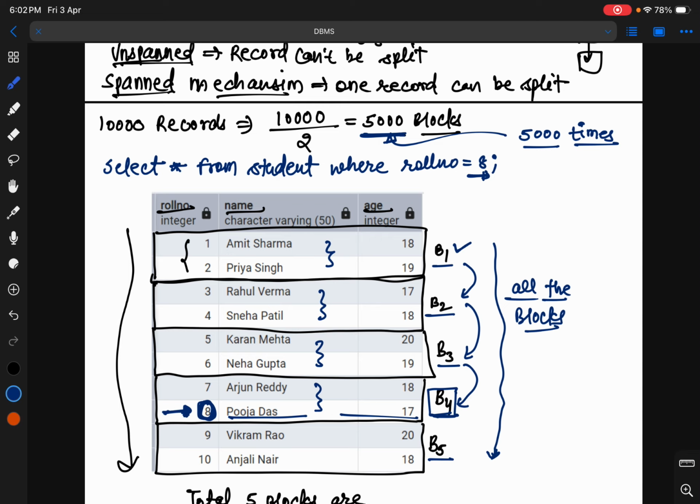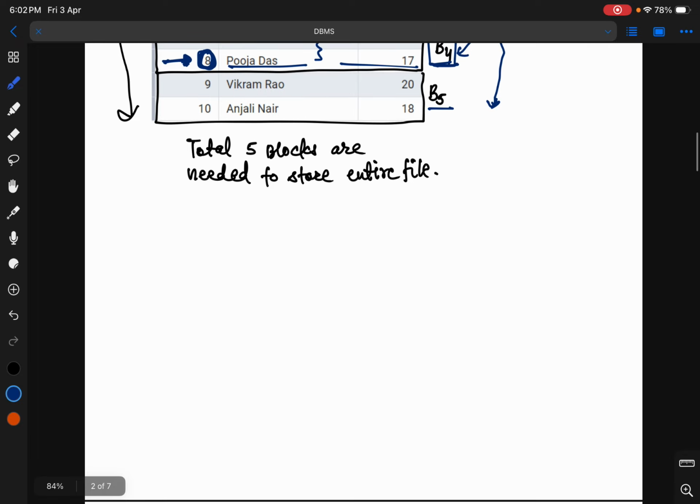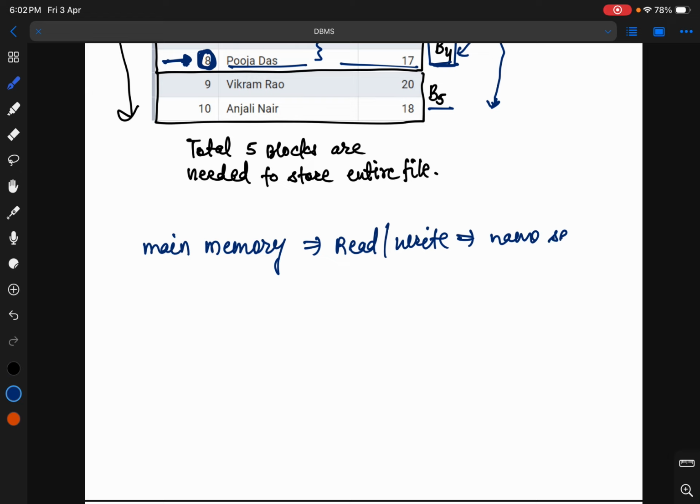Reading or writing data in the main memory takes nanoseconds, like 10-20 nanoseconds.